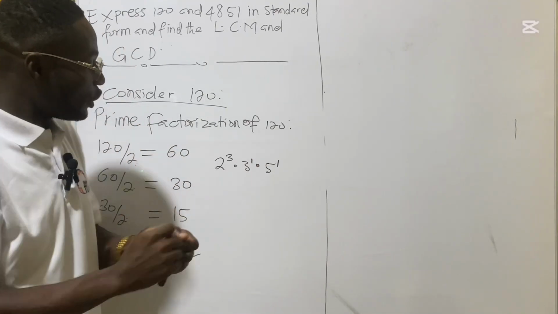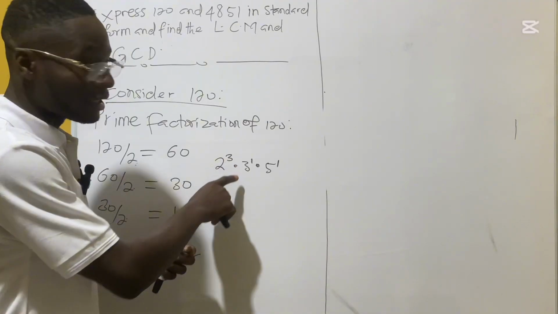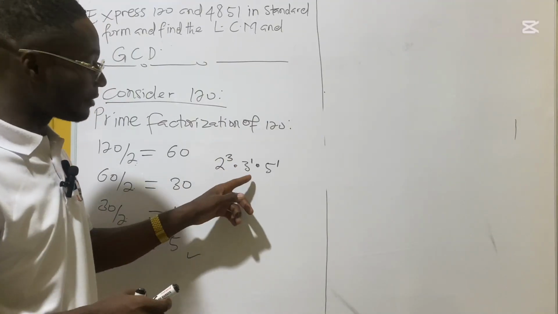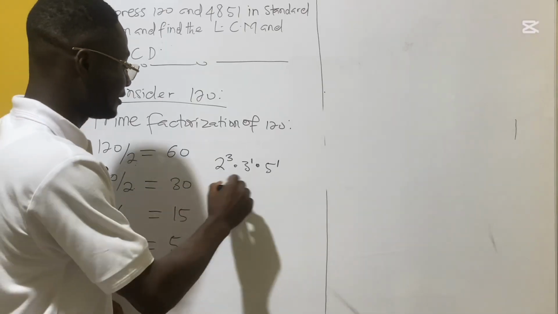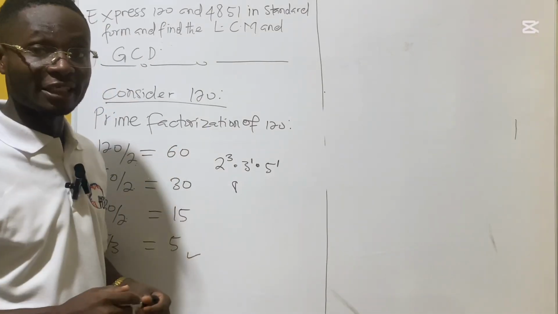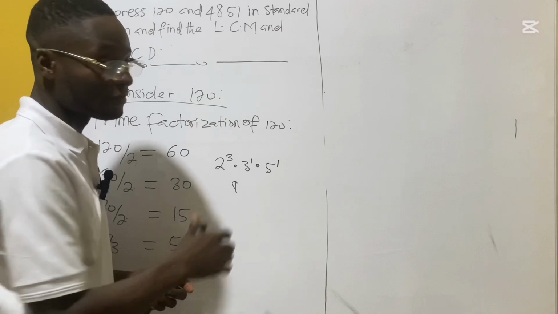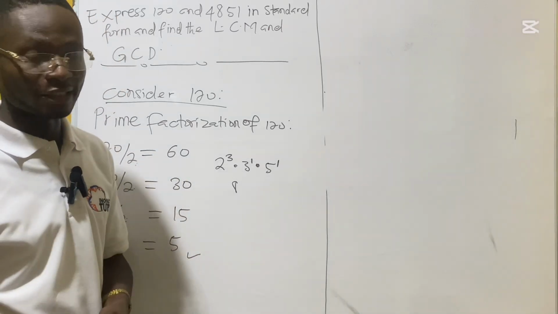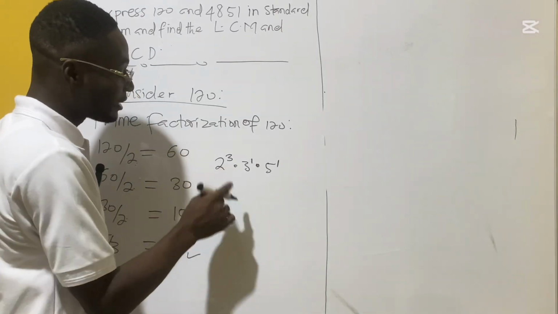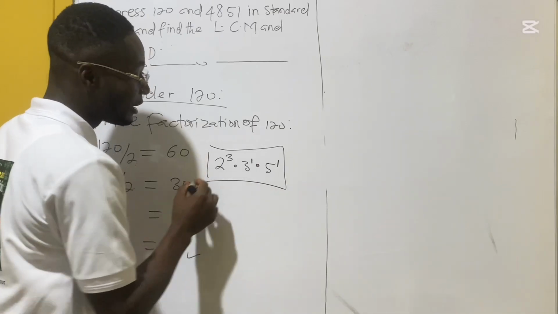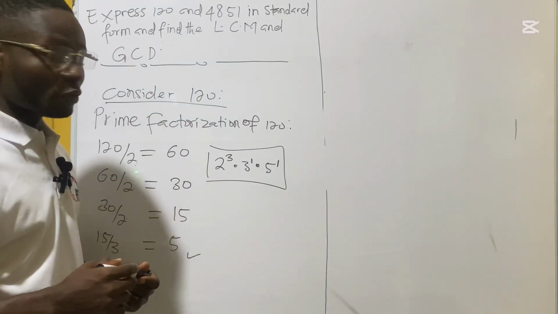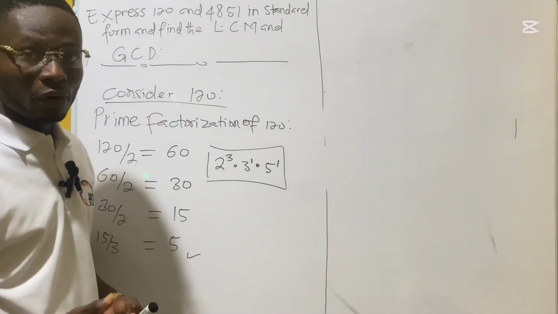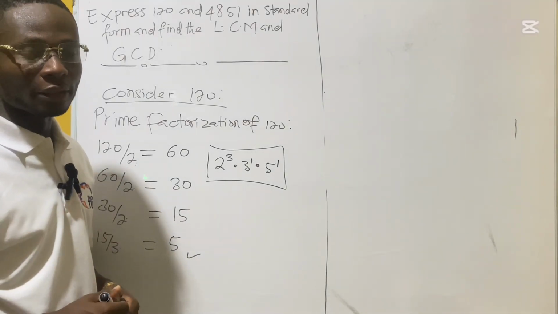You realize that when you multiply 2 power 3, which is 8, times 3, which is 24, and 24 times 5, it is going to give you 120. So the prime factors for 120 are basically 2 power 3, 3 power 1, and 5 power 1 respectively.